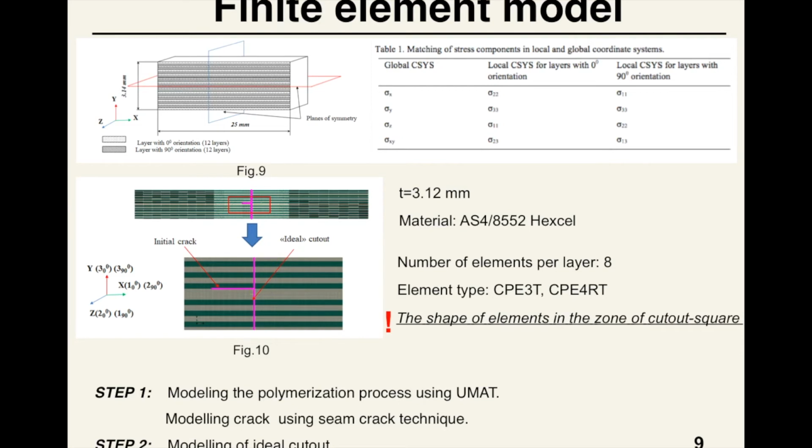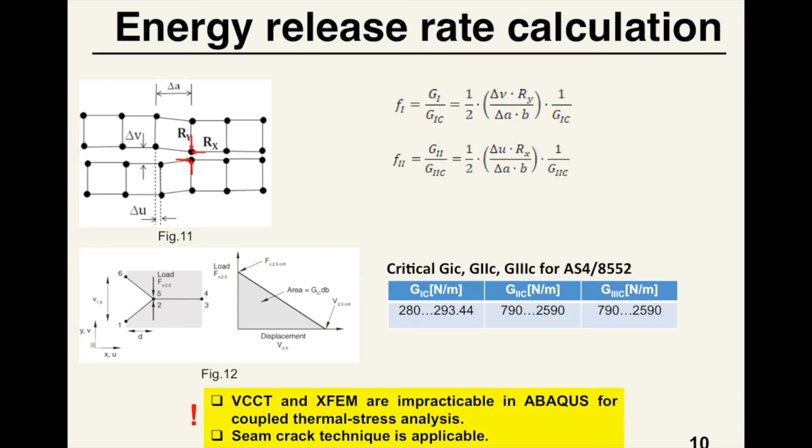The cut process was realized by a special modeling technique by deactivating interaction between two parts after cure cycle simulation using an additional step of the analysis. The distribution of the local strain energy release rate along the delamination front is obtained using the seam crack technique applied to 2D finite element models of straight delaminations embedded in multi-layered composite.